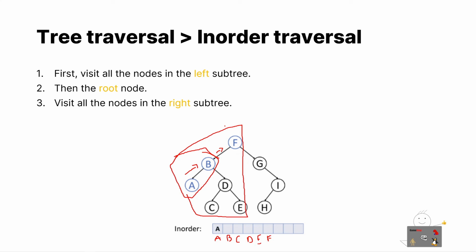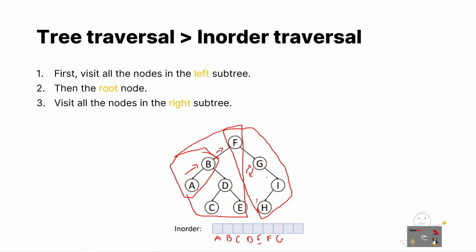Going back, now we visit F's subtree. At the beginning, we only looked at this part. Now we are looking at this whole part. We go to G. G asks, do I have a left subtree? I don't, so I go back to G and put G in here.